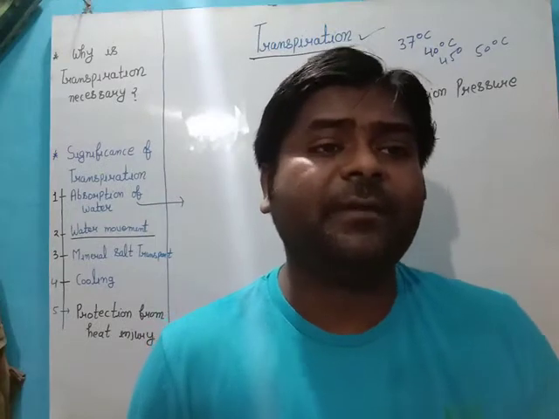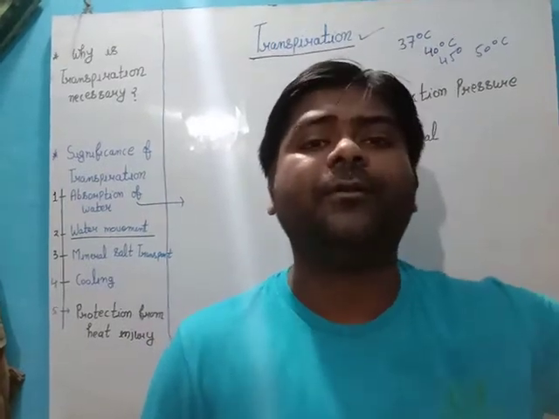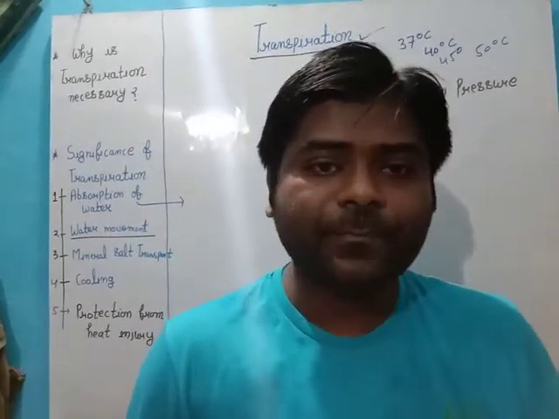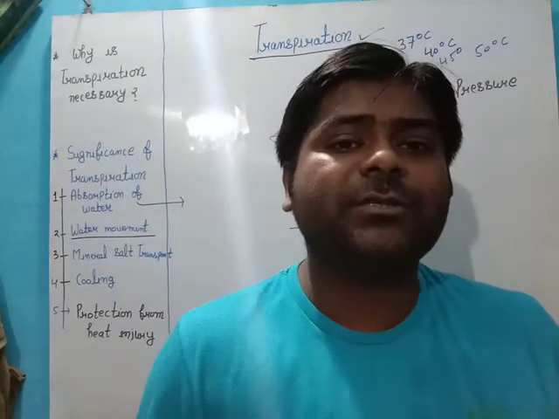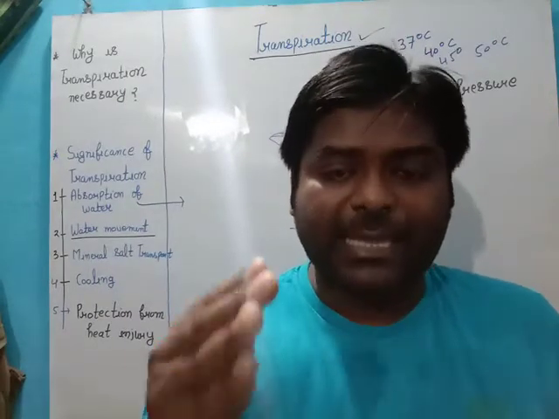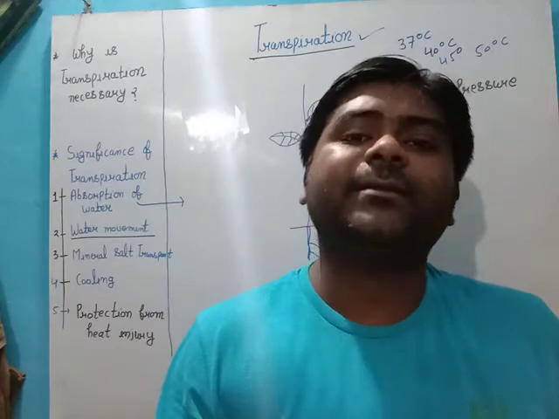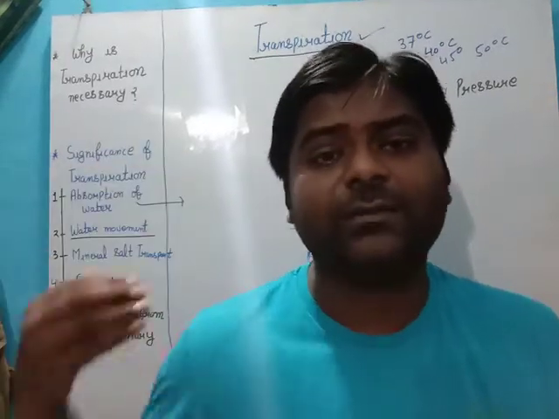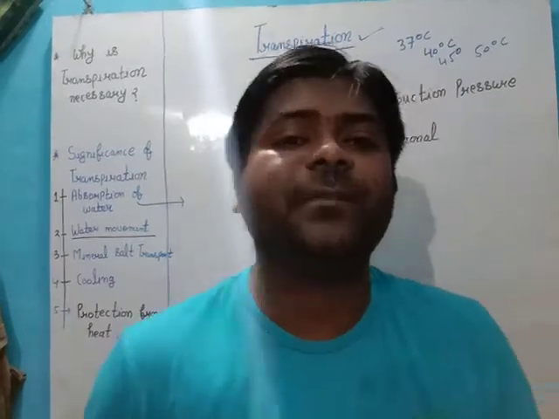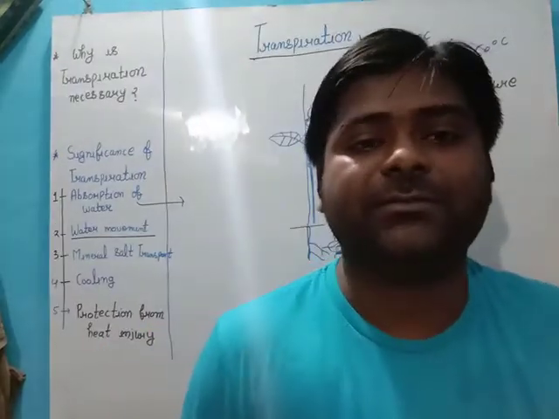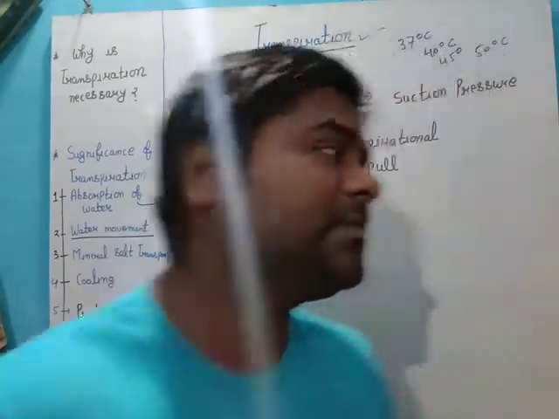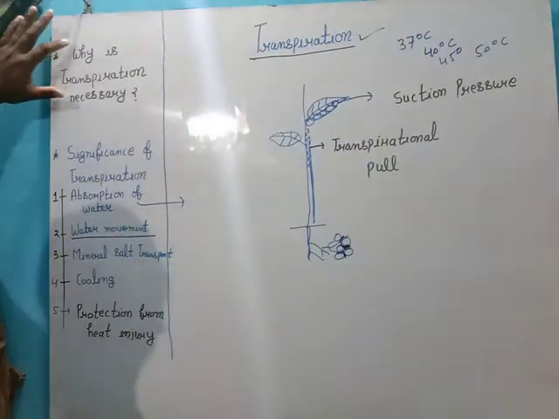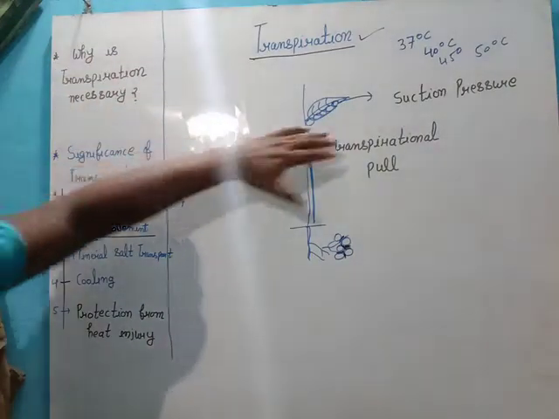So whenever we have transpiration, there is a movement of water inside the plants, and due to this movement they can protect themselves from the heat injury. So these are the significance of transpiration. I gave you explanation of why is transpiration necessary.